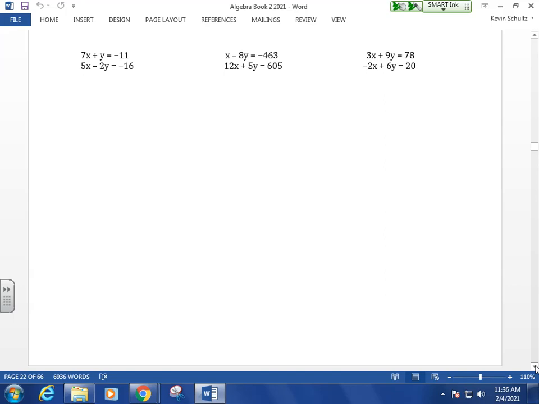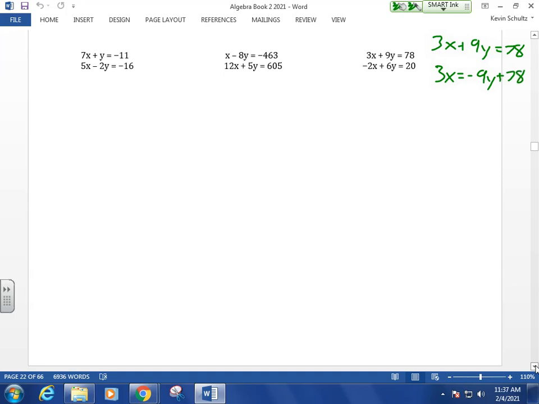Okay, what do you suggest? What happens? Yeah, go ahead. So, getting 3x by itself? Getting x by itself. And that's going to require us to move the 9y over to the other side. So we have 3x equals negative 9y plus 78.